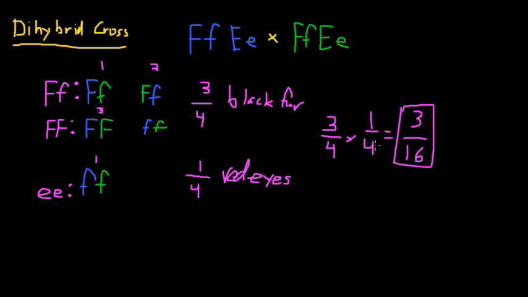That's one approach to solving this problem. Notice that in this approach, I still derived all 4 possible outcomes, which is essentially just doing 2 Punnett squares. Not very efficient.